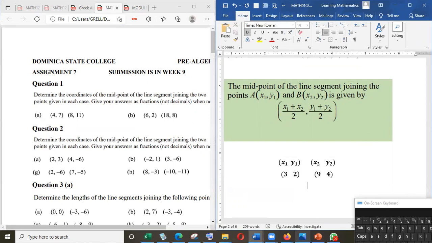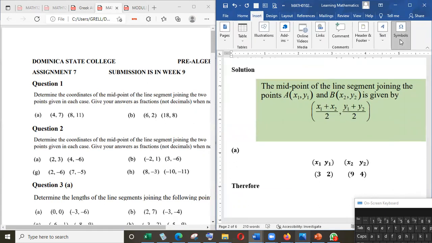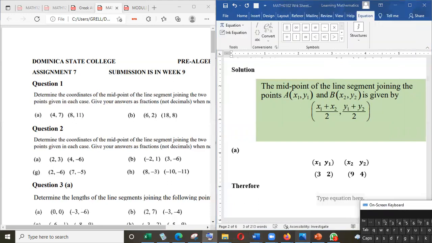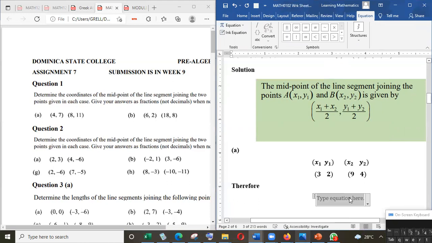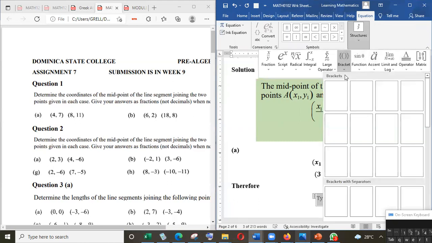So therefore, the midpoint, we're going to substitute into the equation. Remember we said that the midpoint is equal to x1 plus x2 divided by 2 according to the formula.